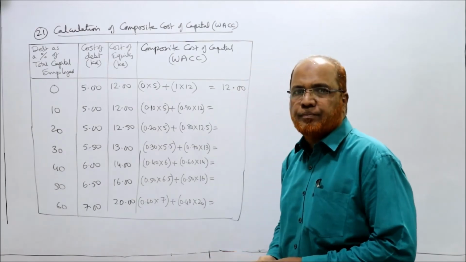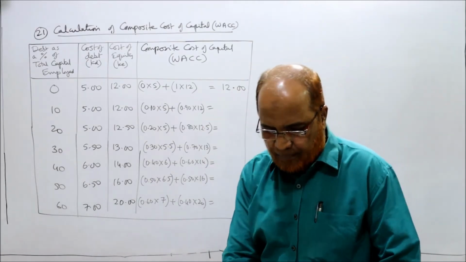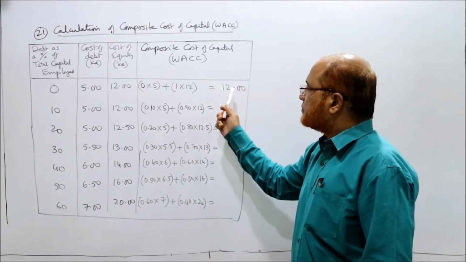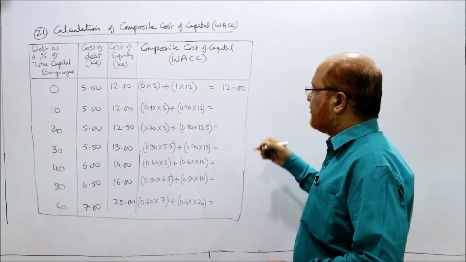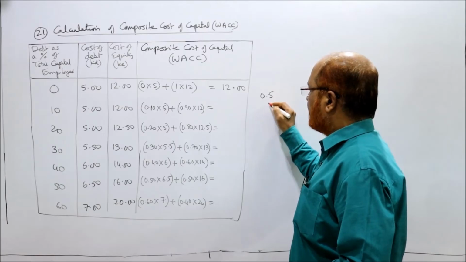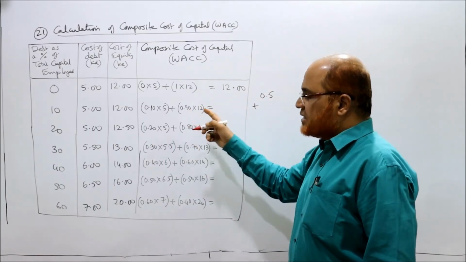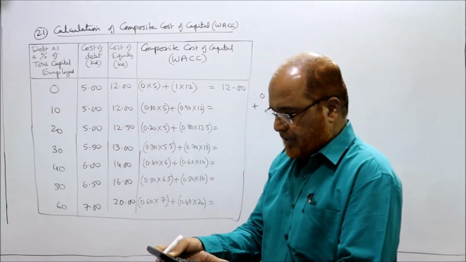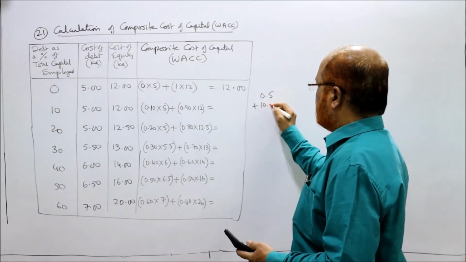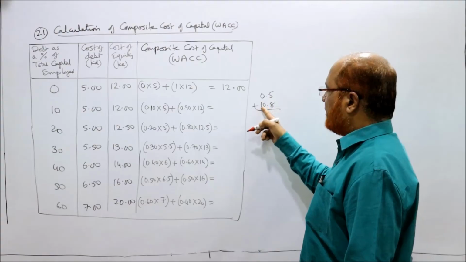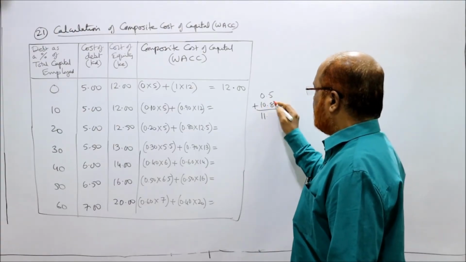That's it. अब जैसा फर्स्ट वन में आ गया 12%. Second, 0.1 into 5 is 0.5, plus 0.9 into 12, you will get 10.8. 0.5 plus 10.8, it is 11.3.